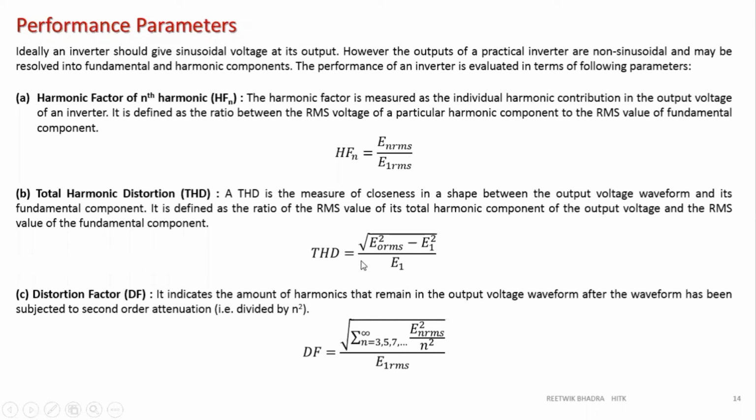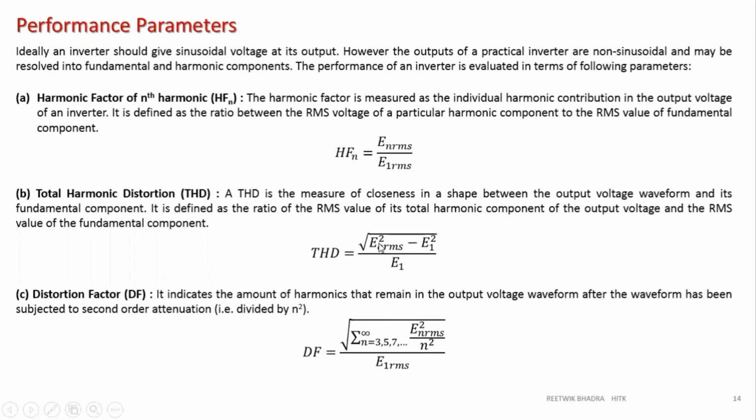The fundamental component looks like your sine wave, because it has a frequency of 50 Hz, and our output also has a frequency of 50 Hz. The third harmonic component has a frequency of 150 Hz. So all comparisons are made with respect to the fundamental component.